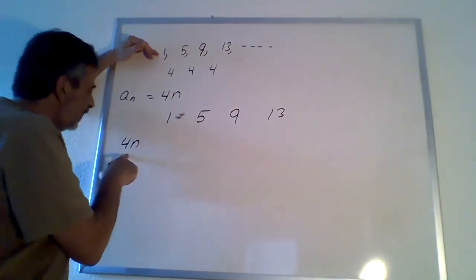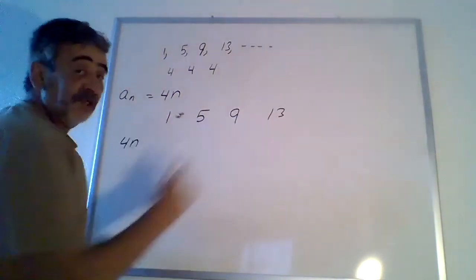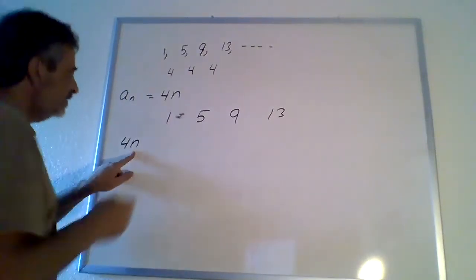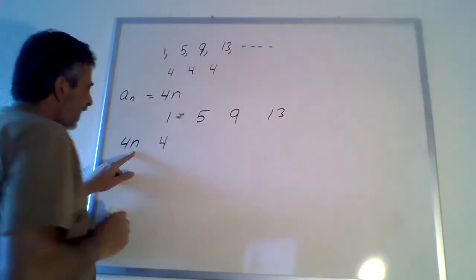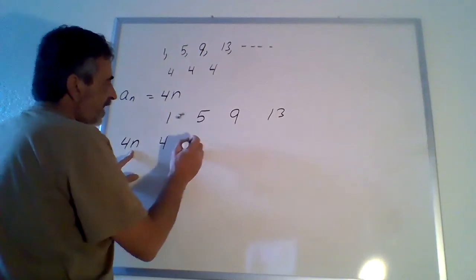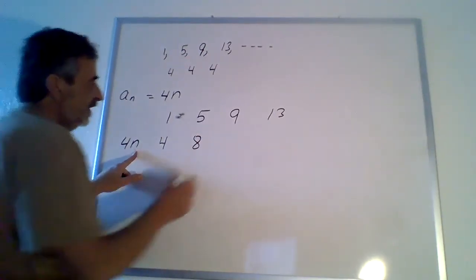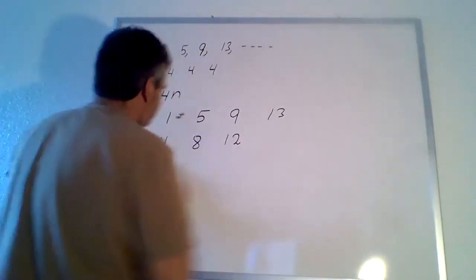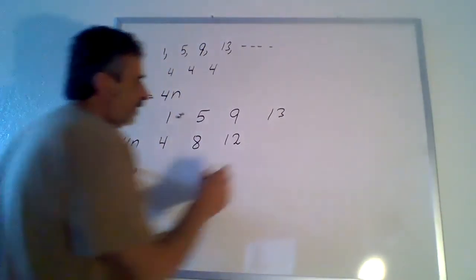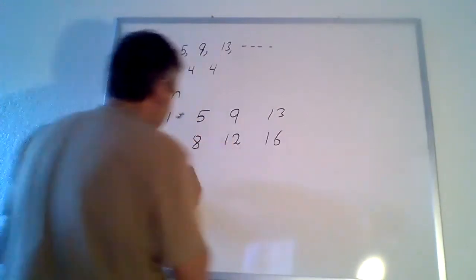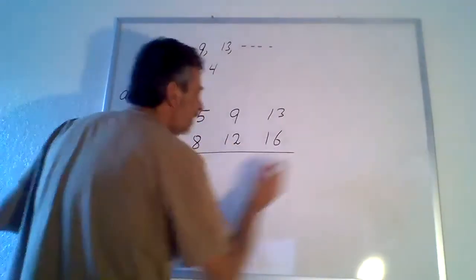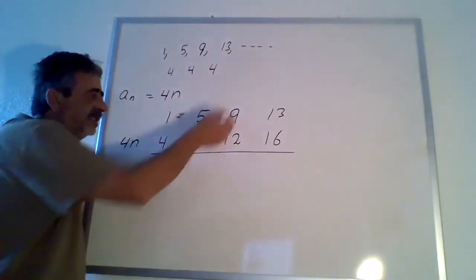When n is 1, we have 4. N is 2, then we have 8. When n is 3, we have 12. And when n is 4, we have 16. Again, I'm going to subtract these two.